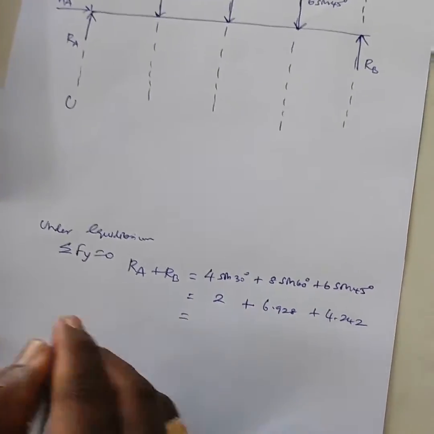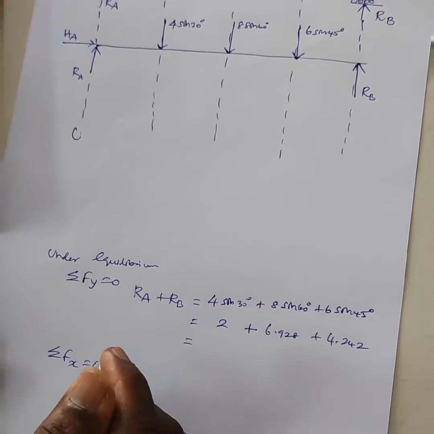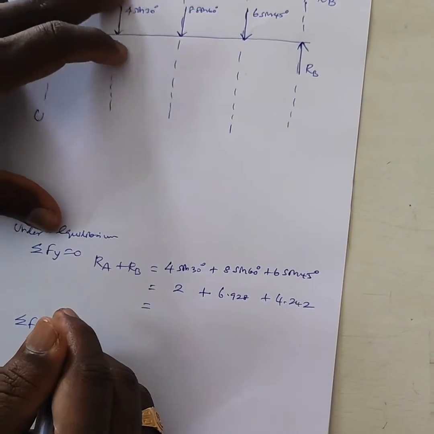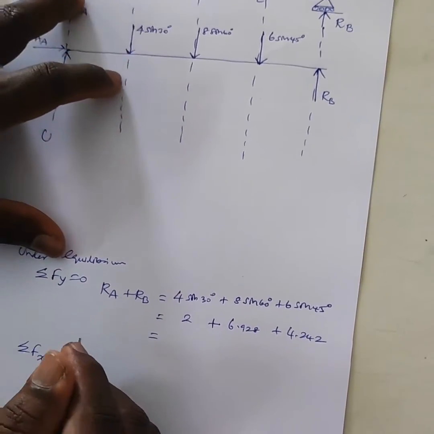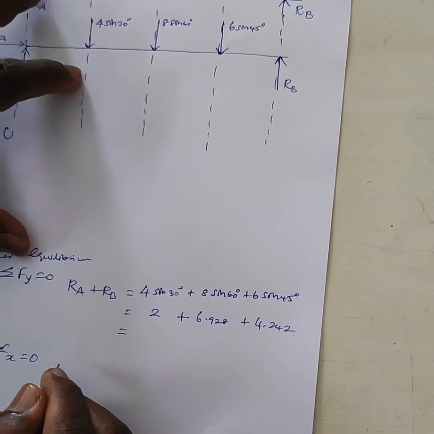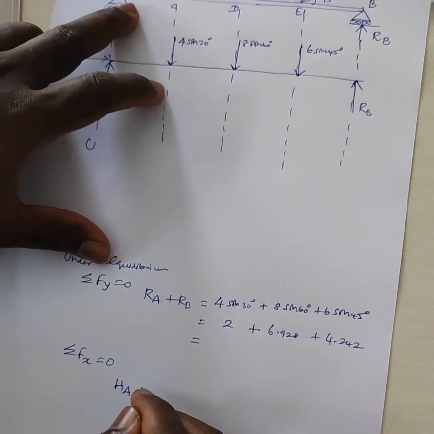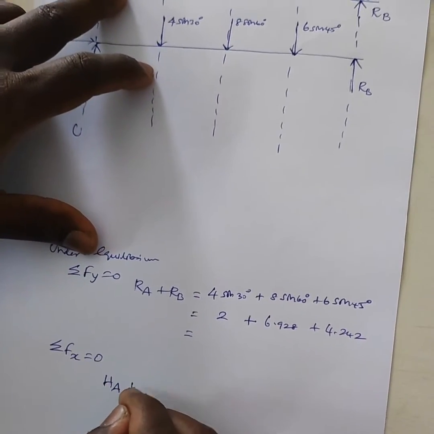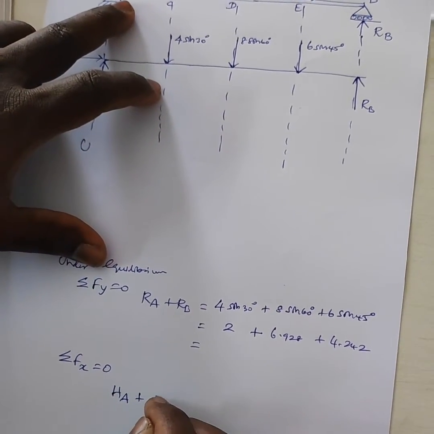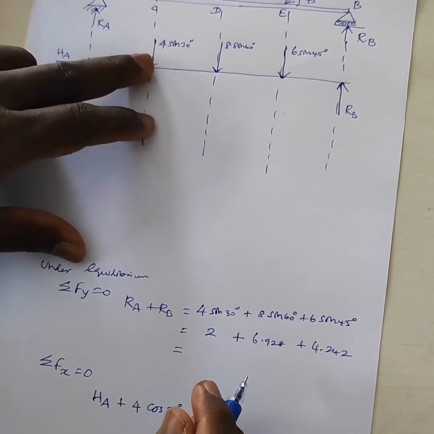Similarly, resolving the forces along the horizontal direction, summation of forces along x is equal to 0. So the sum of the right side forces equals the sum of the left side forces. The right side forces are HA plus 4 cos 30. This is acting on the right side.